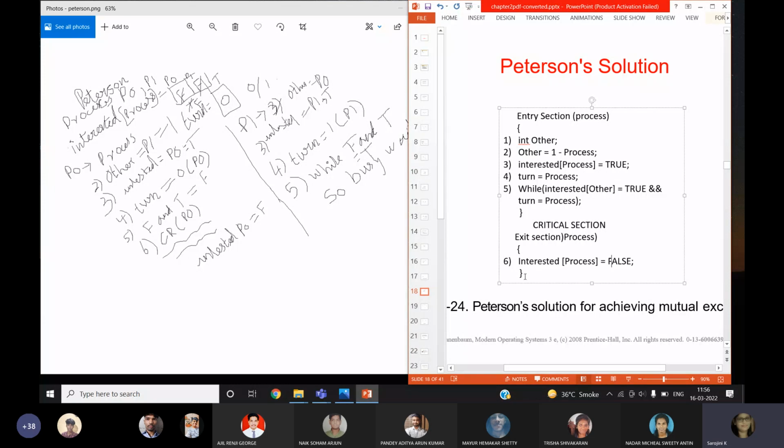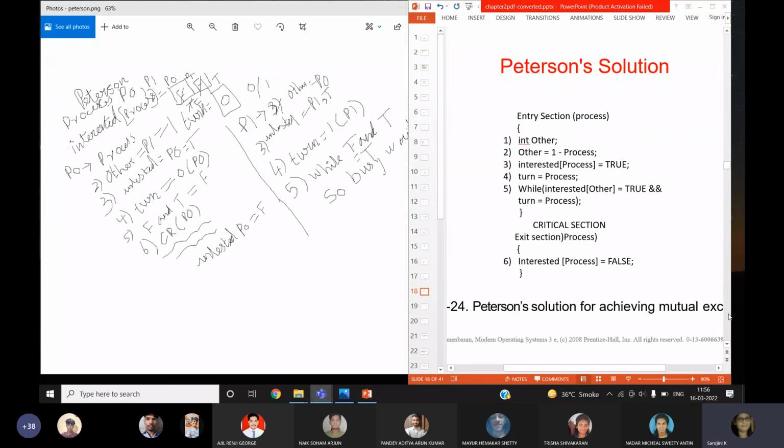But anyway, the algorithm is designed so that at a time only two processes: one will be inside the critical section, another one will be in waiting state. So that is the difference between strict alternation and Peterson algorithm.